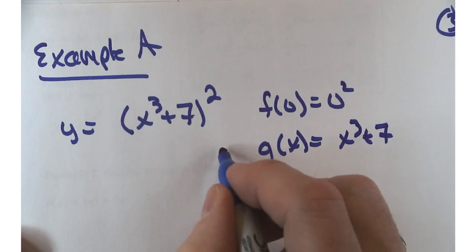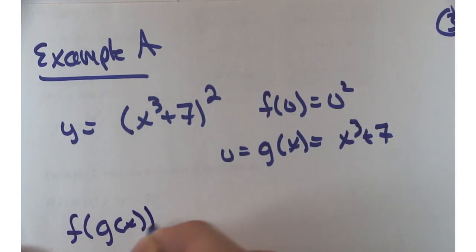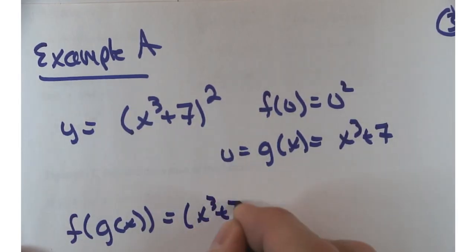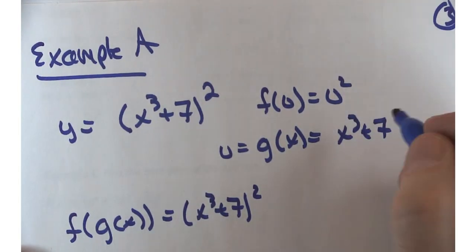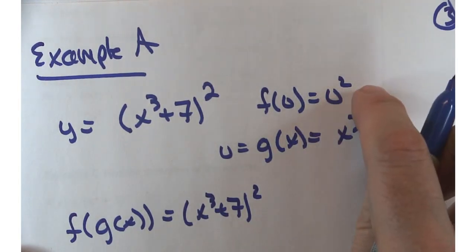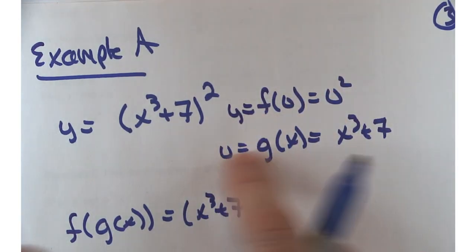So that's kind of like our u equals our g of x. So if I wanted to, I could put this together as f of g of x would give me this, x cubed plus 7 squared. But let's just write it like this. We're going to have y equals f of u and u equals g of x.